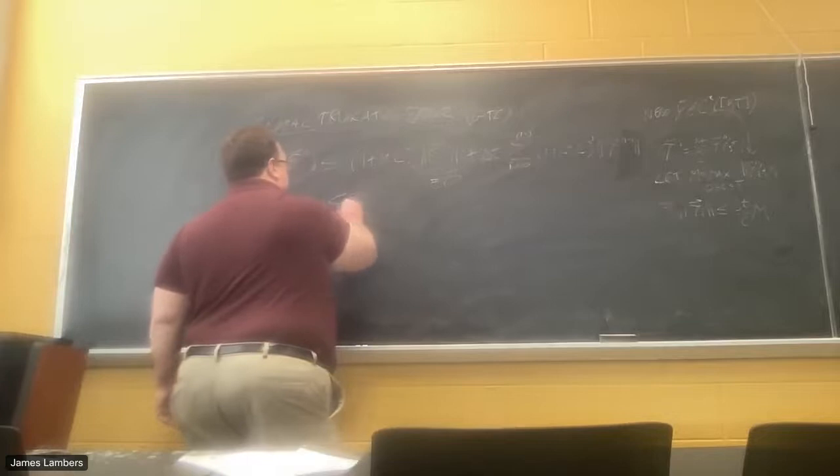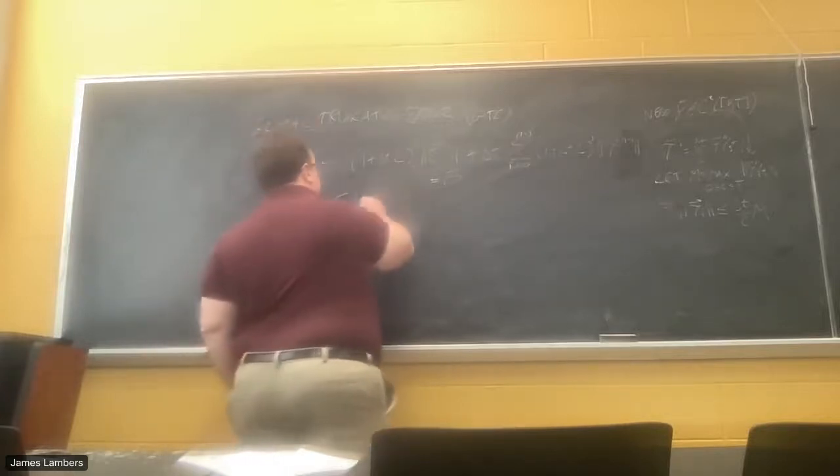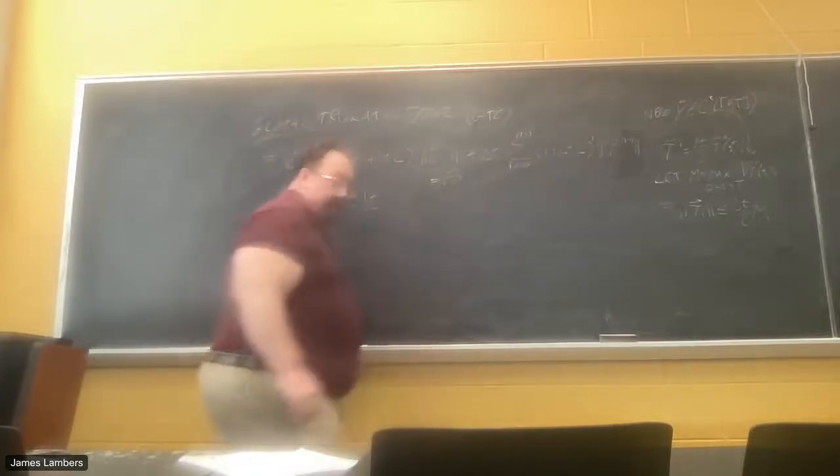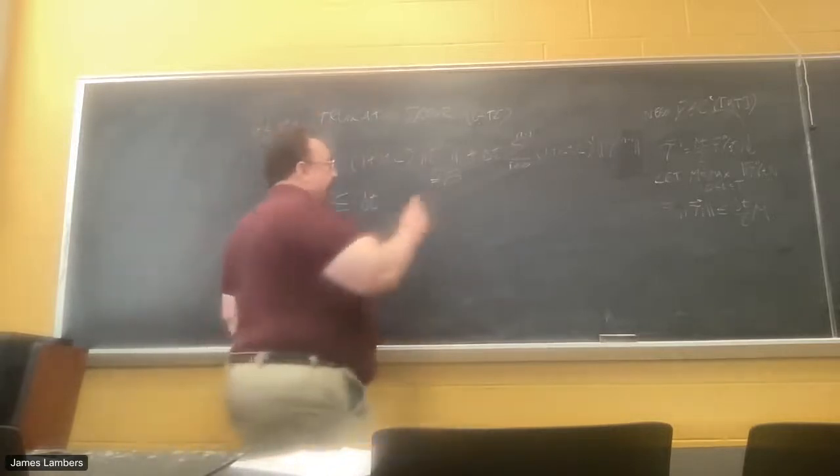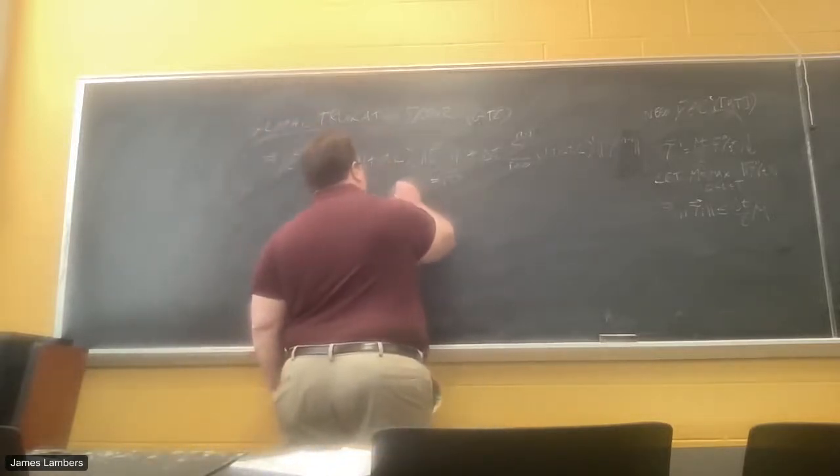So now what we have is less than or equal to delta t, and then my bound on the local truncation error, so that's delta t m over 2.